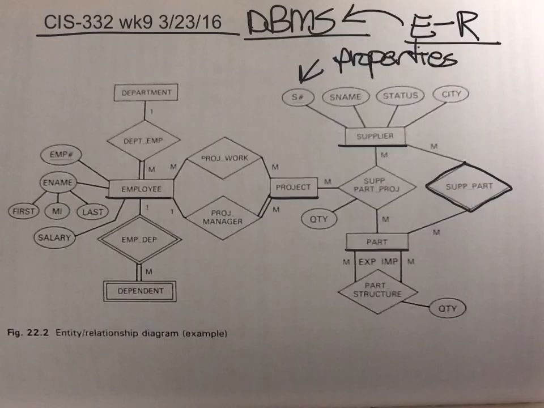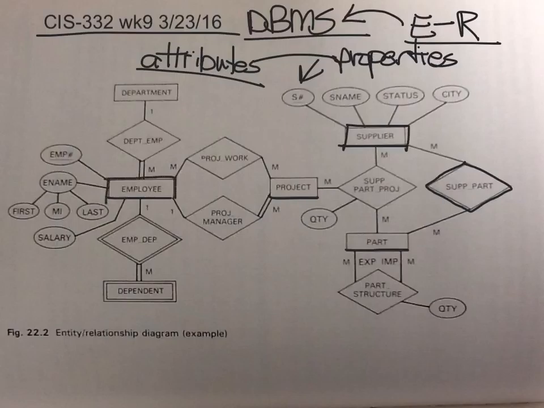Now, what we've been using for the term properties, we've been using attributes, which is true. When you create the tables, those are attributes. These are characteristics of the entity. So let's take this one, employee. Characteristic of the employee is you have an employee number that's underlined, so that's a primary key, right?